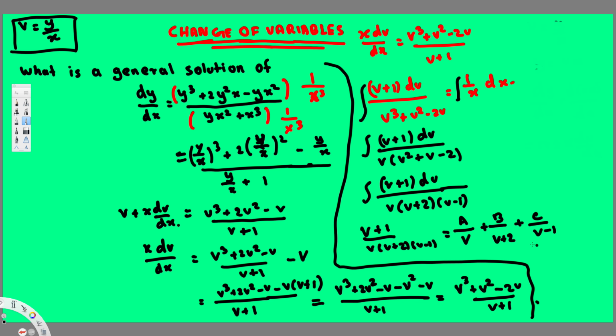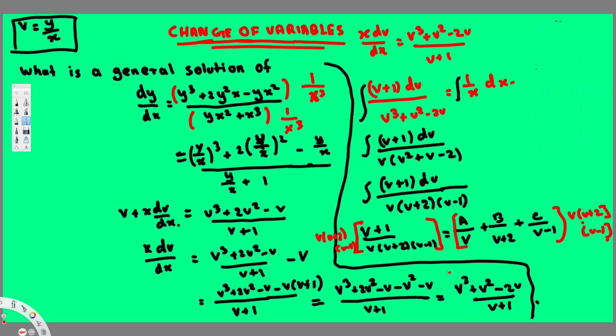After we write it like this, we multiply both sides by the denominator, so we can cancel the denominator and equate. So we multiply this one by v times v plus 2 times v minus 1. On the other side we also do the same thing.